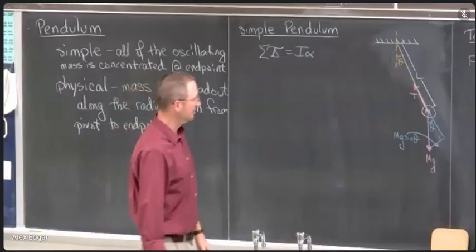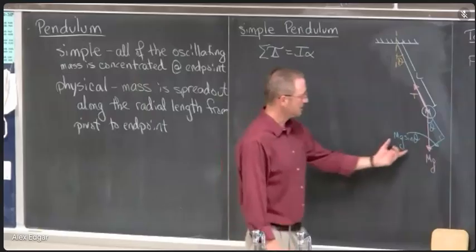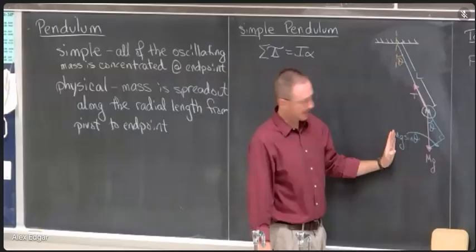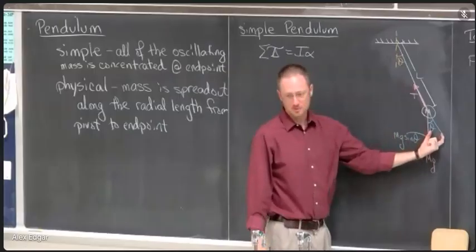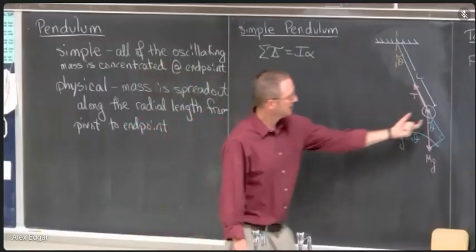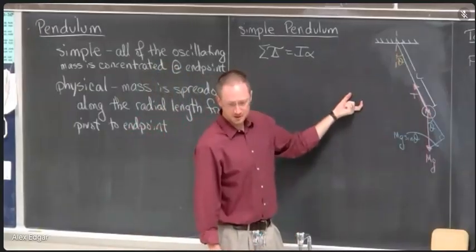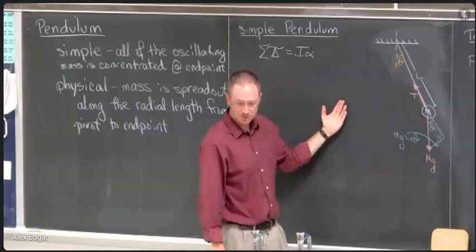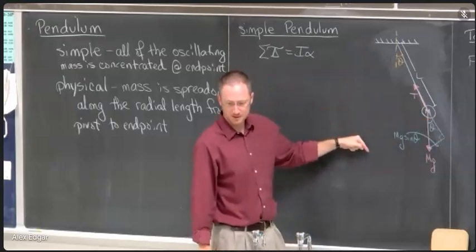And this part of the weight, mg sine theta, is always going to point back towards equilibrium. Equilibrium is straight up and down. And when the pendulum bob is pulled to the right, mg sine theta will point to the left. If, however, I pulled it to the left, this triangle would get mirrored, and mg sine theta would point down and to the right.